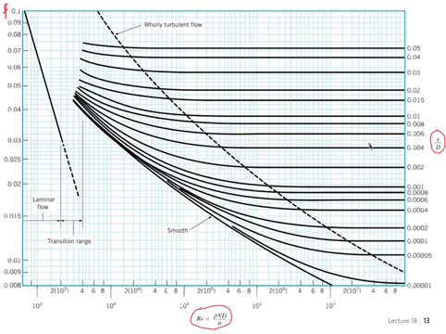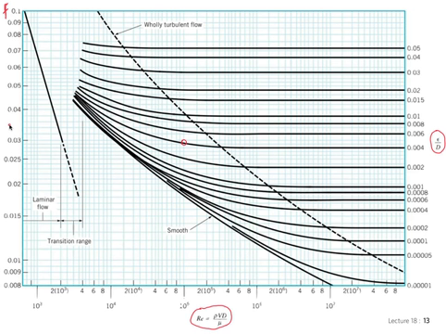You follow this line to the value of Reynolds number. Suppose Reynolds number is 10,000. With this line, here it is, and then you read the friction factor from the other side. We'll do a realistic example problem in a moment, and you can see how the results come out.